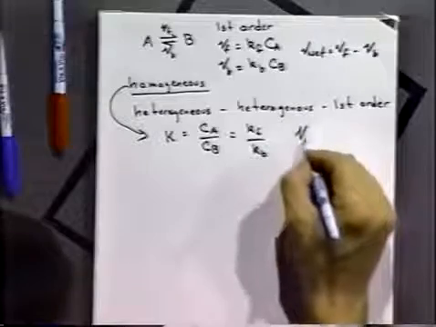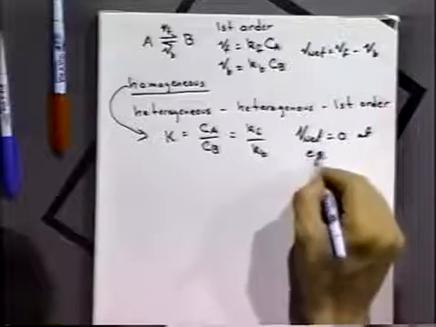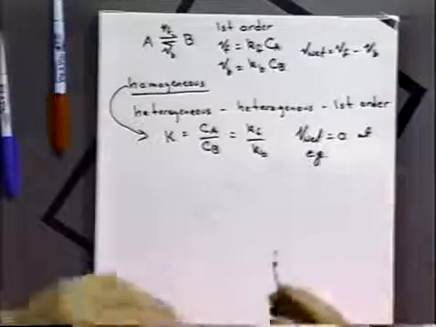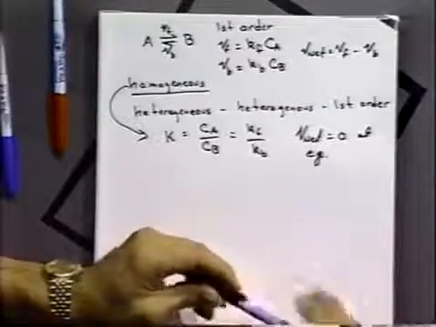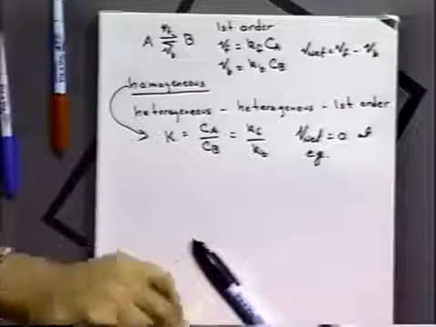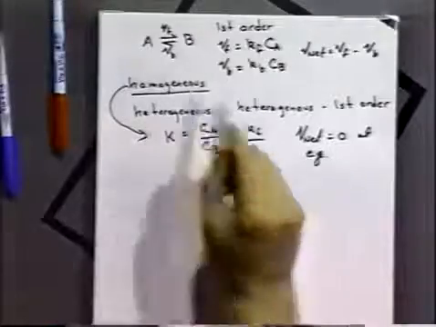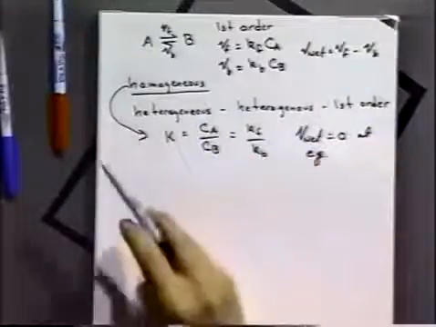Also note that V net is equal to 0 at equilibrium. In other words, there's no net reaction velocity at equilibrium conditions. In other words, the sum of the forward and the back has to be equal to 0.